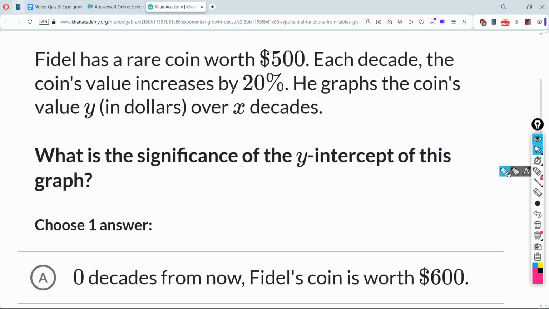All right, so it says Fidel has a rare coin worth $500. Each decade, the coin's value increases by 20%. He graphs the coin's value. What is the significance of the y-intercept? Remember, we said already the y-intercept is the value of a, and that is your initial value.